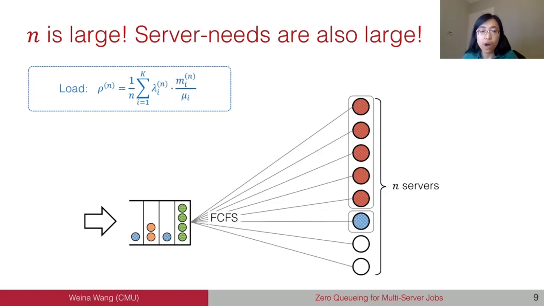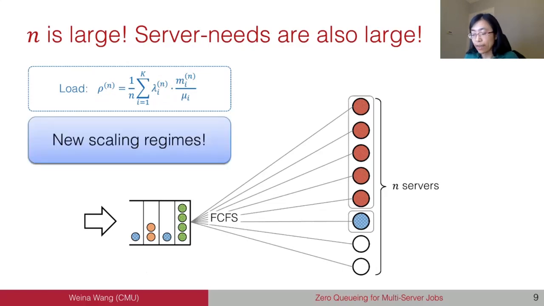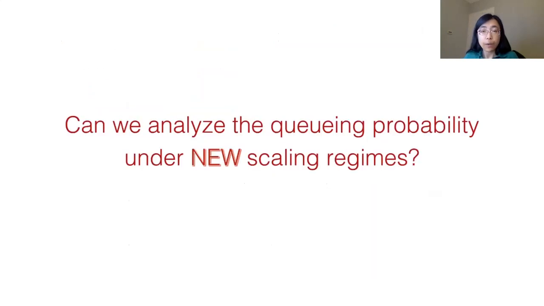As we just saw, if we only know how the load scales with n, that's not enough to tell us how the queuing probability is going to behave. We also need to know the server needs. Therefore, we propose new scaling regimes that take into account both the scaling of the load and the scaling of server needs. Under those new scaling regimes, can we analyze the queuing probability?